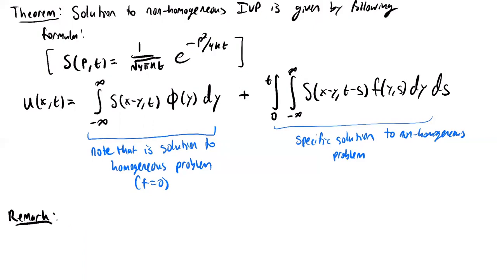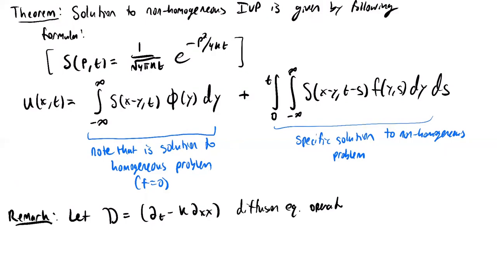To simplify notation, let D denote the diffusion operator, so that's d_t minus k times d_xx.